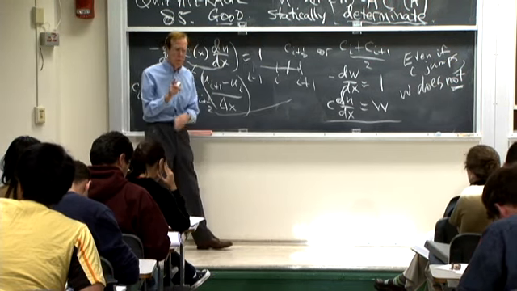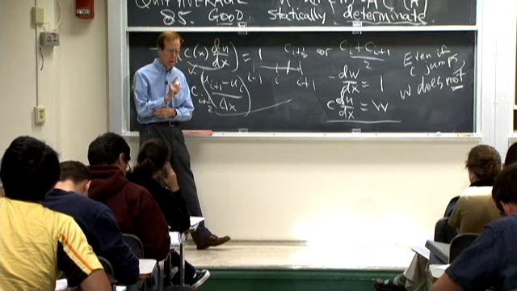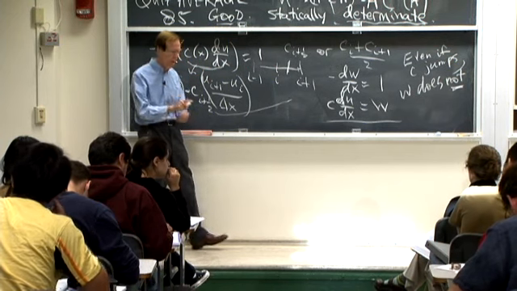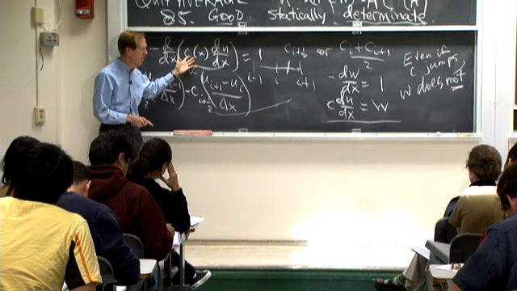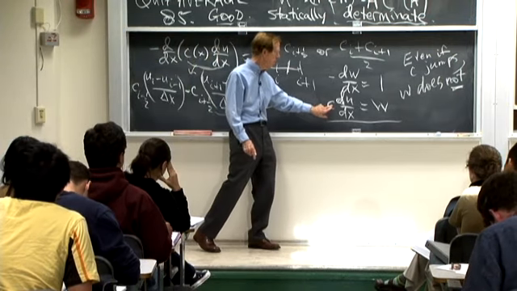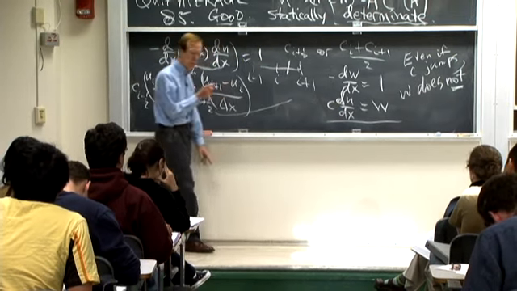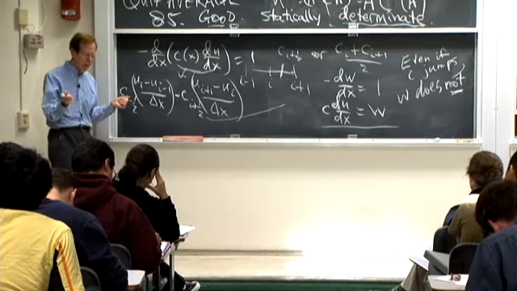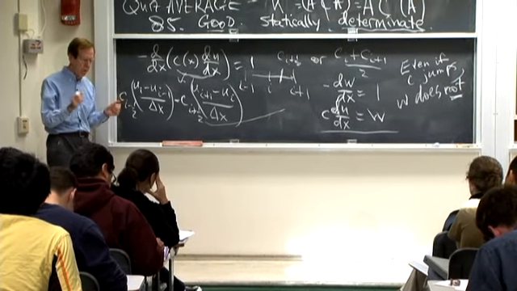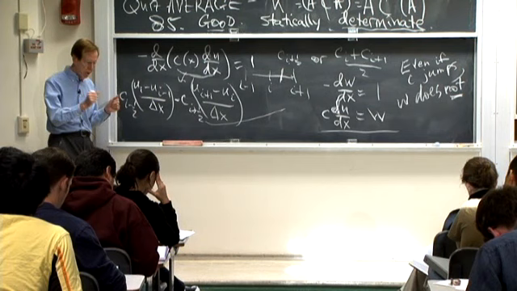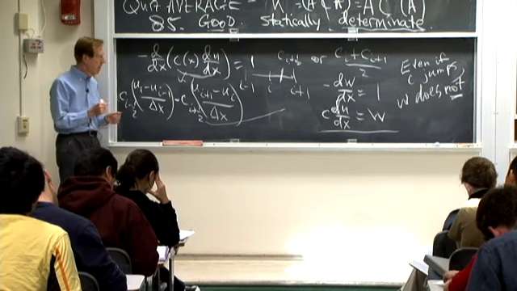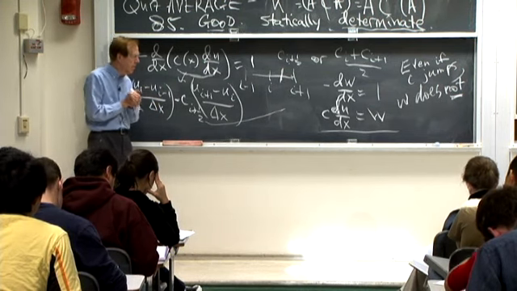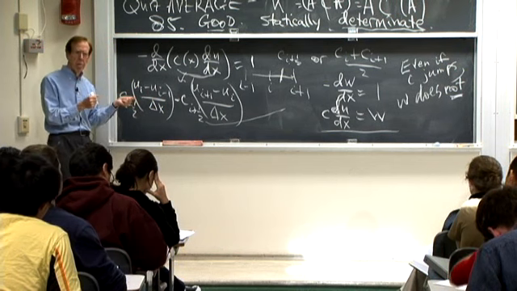C equals 0 wouldn't be so good, right? If C went to 0, then you have got some problem here, because if C is 0 here, what's going on? So your material should have some stiffness, some positive stiffness. 0 stiffness would be a problem.